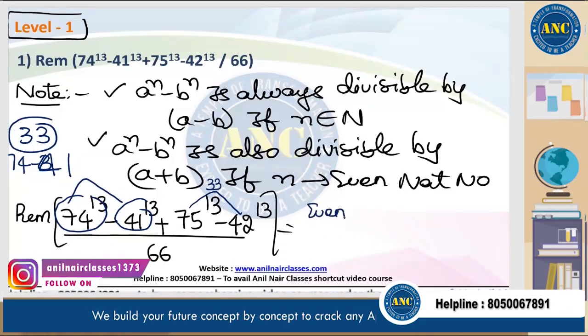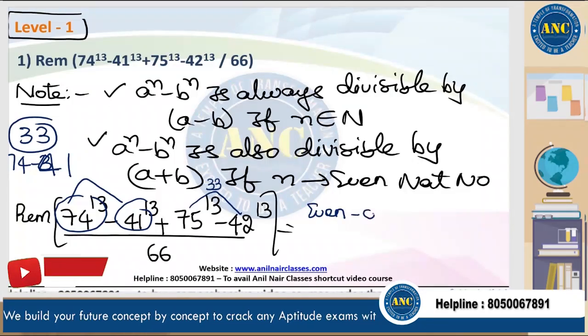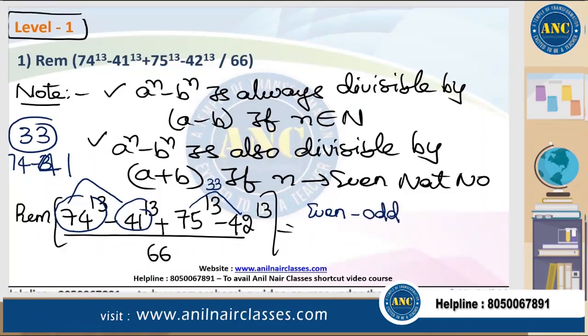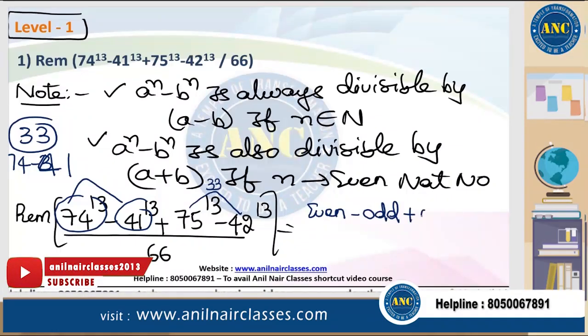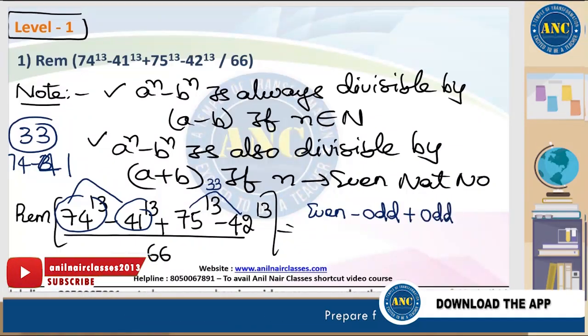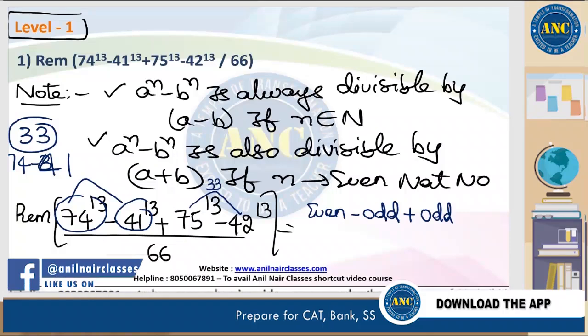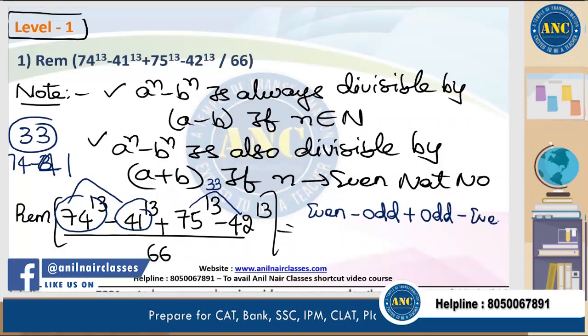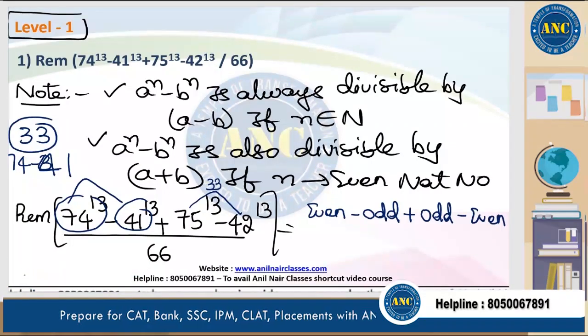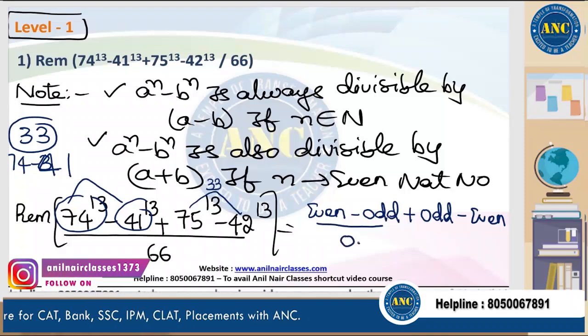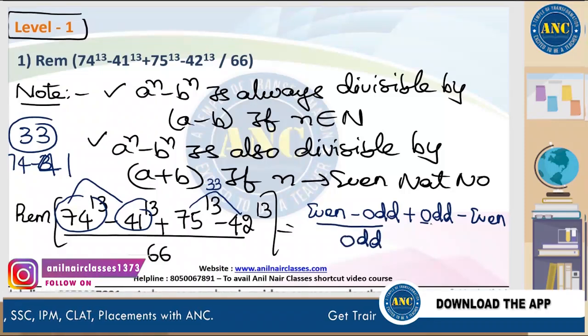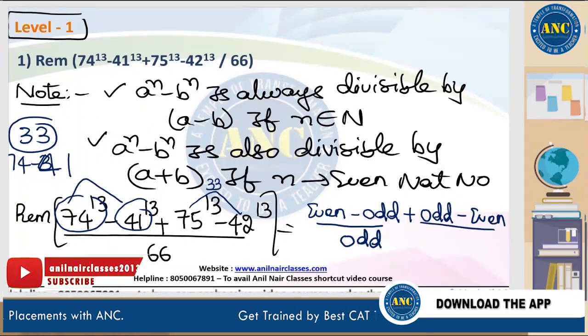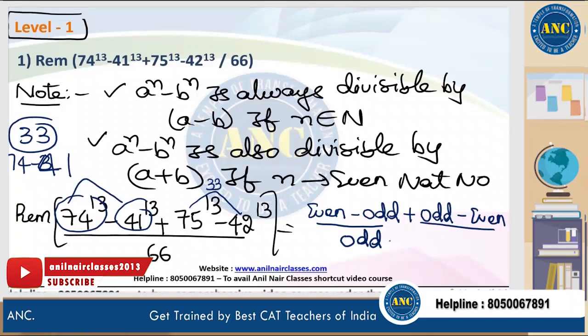Even number power any number is even. 41 is an odd number. Odd number power any number is an odd number. 75 is odd. Odd number power any number is odd. 42 is even. Even number power any number is even. Even minus odd is odd. Odd minus even is odd.